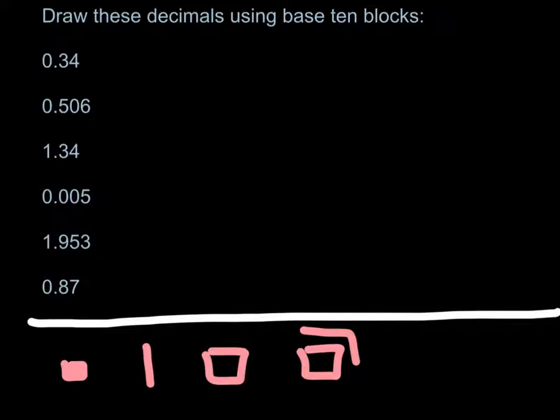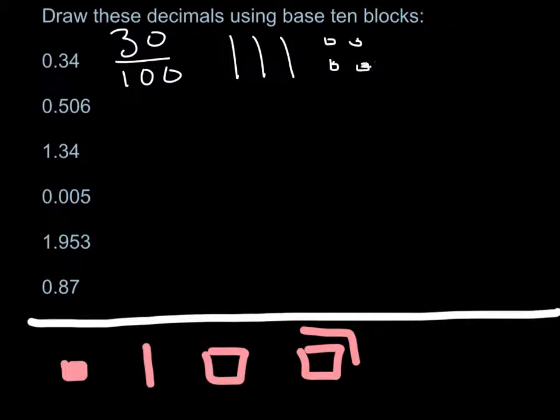That means I have 30 out of 100. So if I have 30 out of 100, my fraction would be 30 over 100, 30 hundredths. My base 10 blocks would be 3 longs and 4 little cubes. That's 34 hundredths.